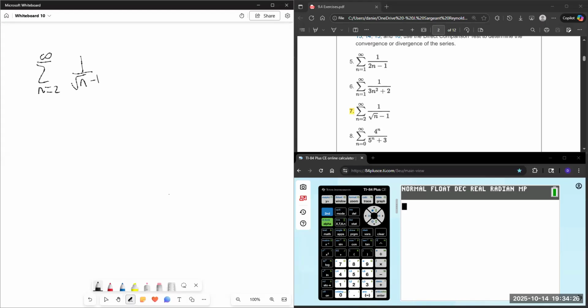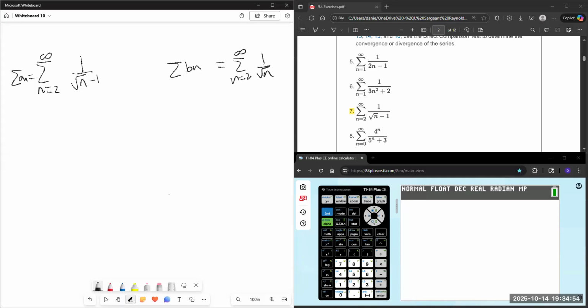And I would like to call this summation of AN, and I'm going to call summation of BN, n equals 2 to infinity of 1 over root n.